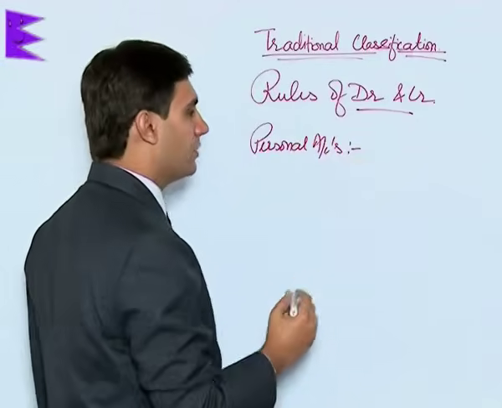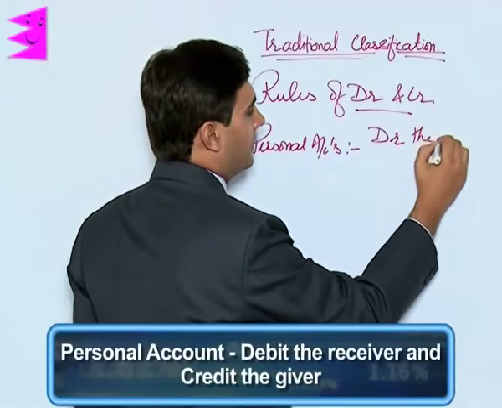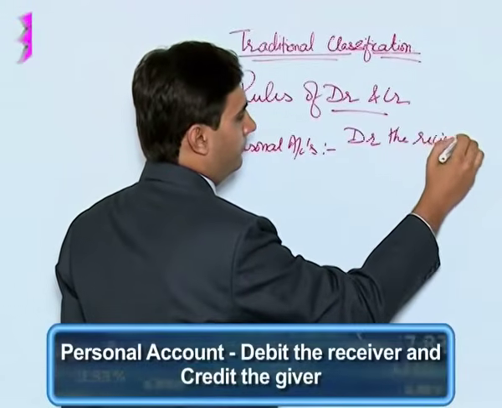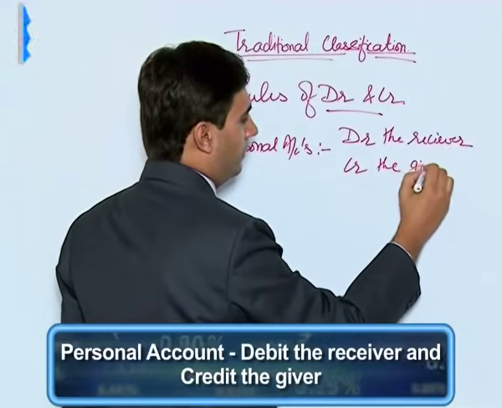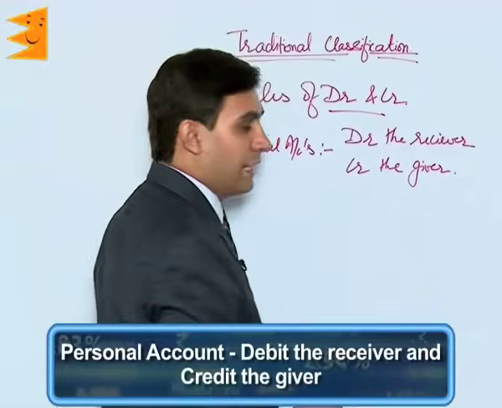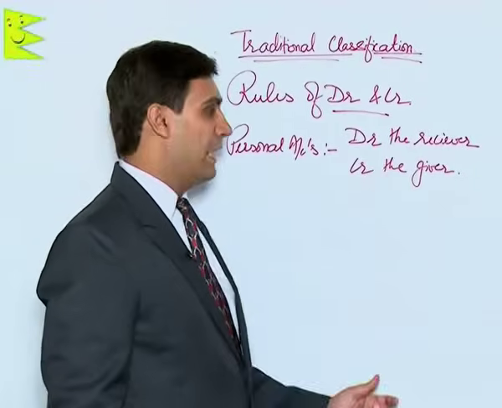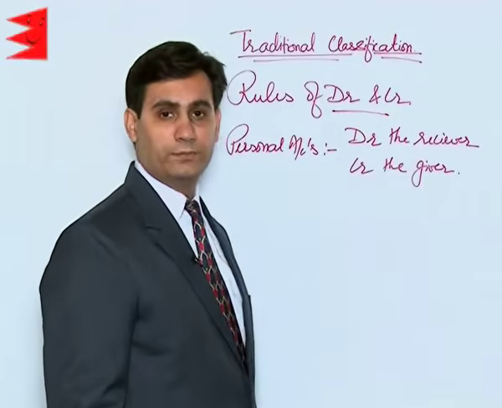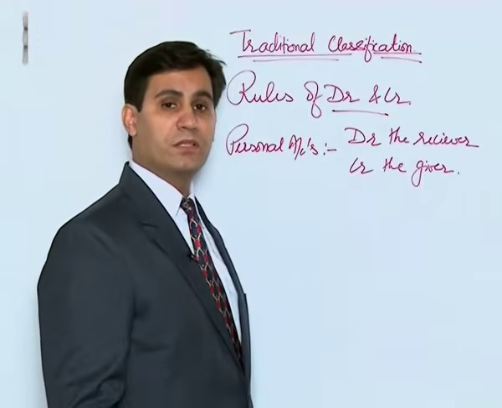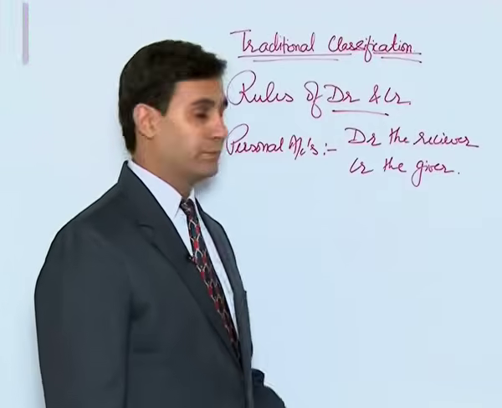For personal accounts, the rules are debit the receiver and credit the giver. That means if the personal account is acting in a manner that it is receiving something, it should be debited. And if the person is giving something, his account should be credited.